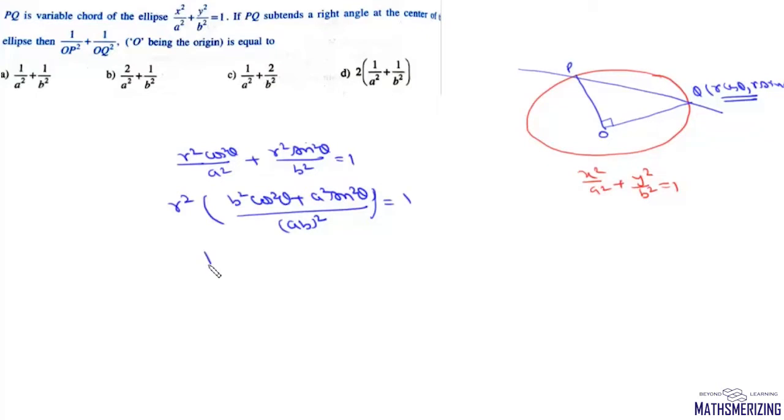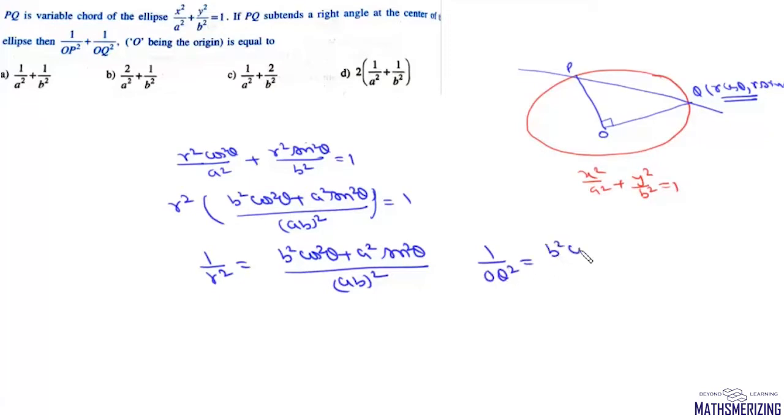So the value of 1 upon r square will be b square cos square theta plus a square sin square theta upon a square b square. Now for this point Q, 1 upon OQ square will be b square cos square theta plus a square sin square theta upon ab whole square.